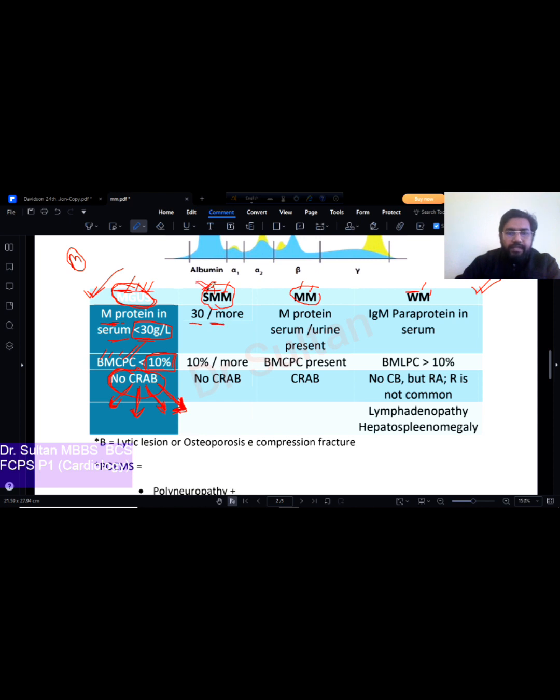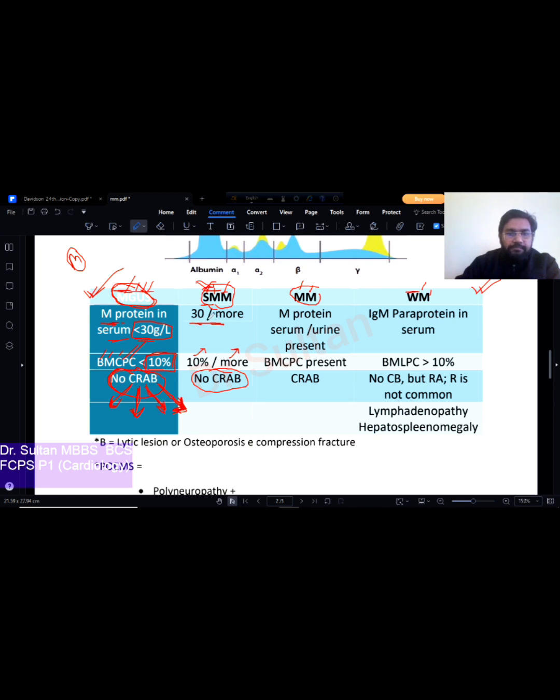The bone marrow clonal plasma cell is 10% or more in case of SMM. Still, there will be no CRAB in SMM. So it differentiates by these parameters.